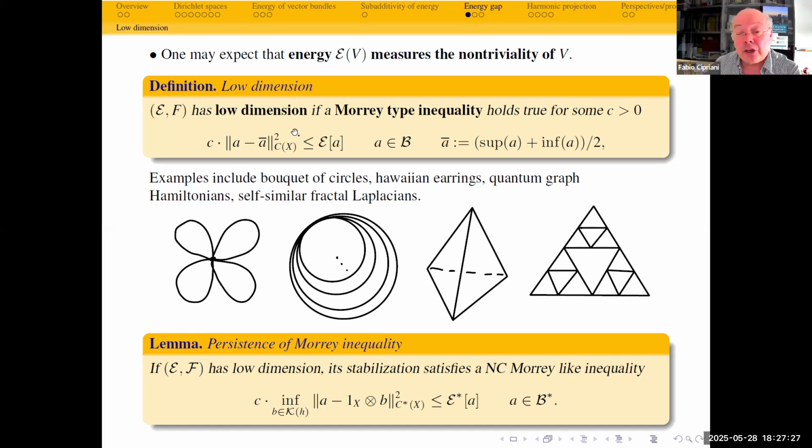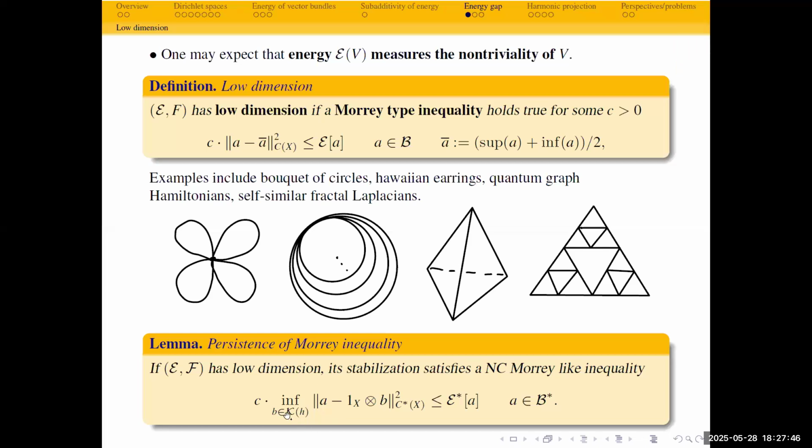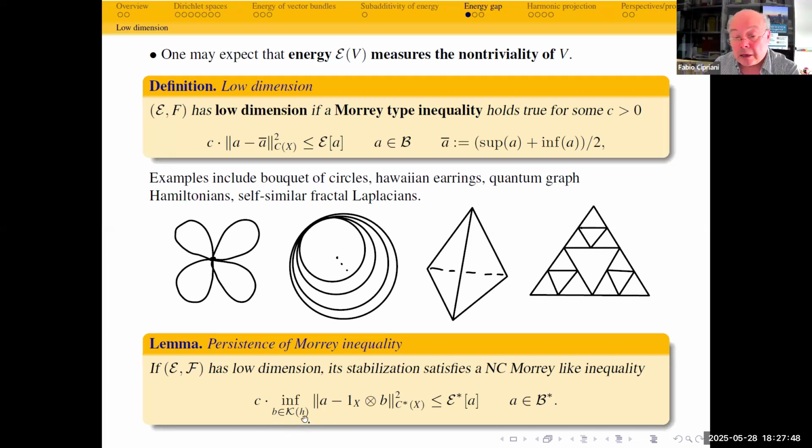This is the reason by which I can rewrite this oscillation around the mean of the function. I can rewrite it in this way, where B is a constant function.